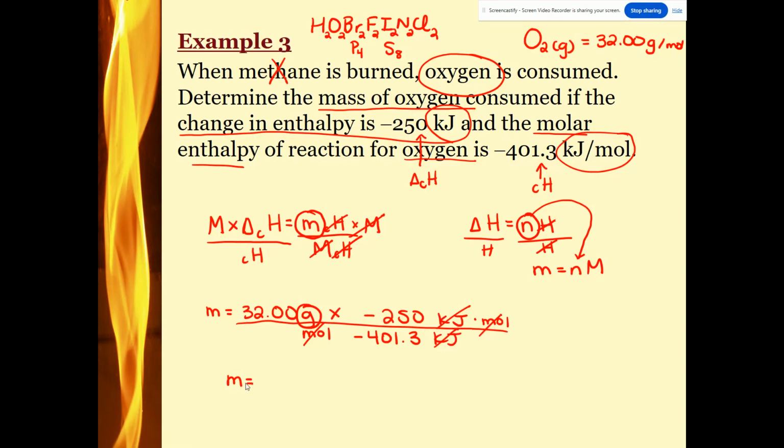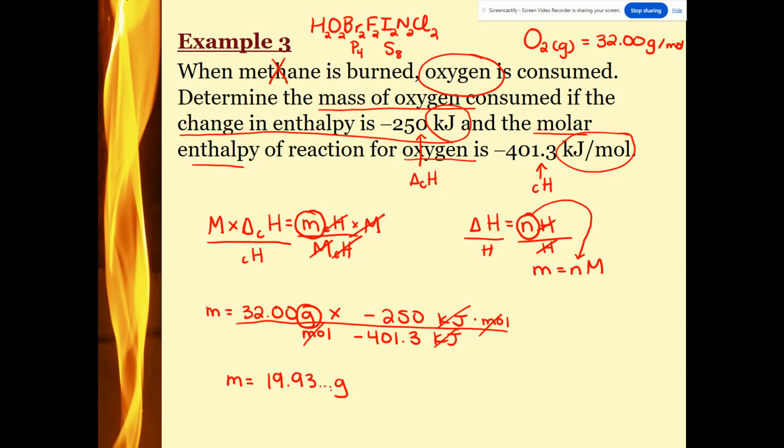So now if I do my calculation, I'm going to take 32.00, multiply it by negative 250, get my answer, and then divide my answer by negative 401.3. And you should get an answer, if you try that on your own, of 19.93 so on grams.